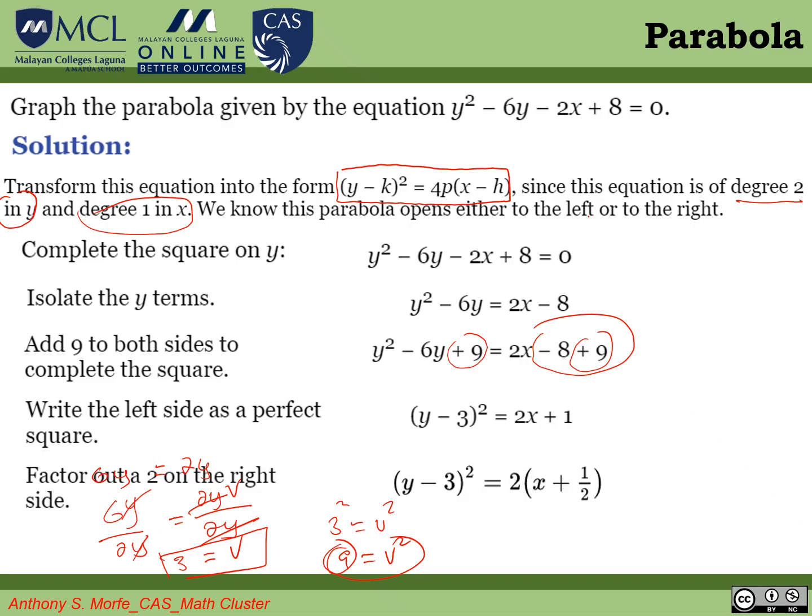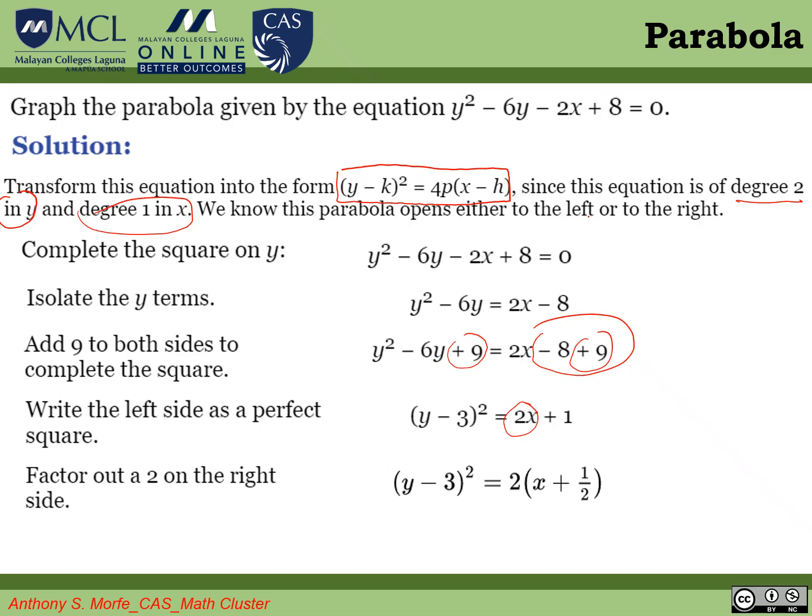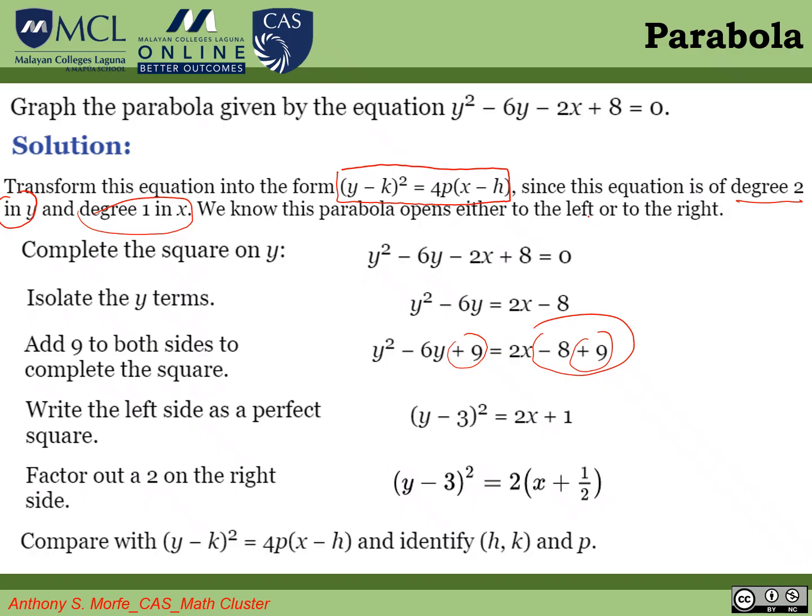Then after that, okay, I will erase this, class. Factor out, no? Factor out a 2 on the right side. So when you factor out 2 on the right side, we have here 2 times. So you divide, GCF is 2. So divide this by 2, x divided by 2, 1 half. So we divide each term by the GCF, which is equal to 2. So compare this one to our standard form and identify what is h and what is k.